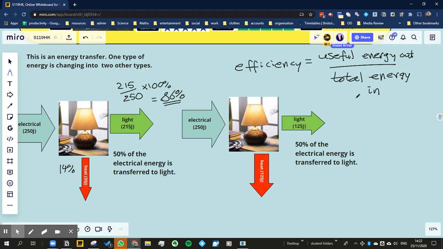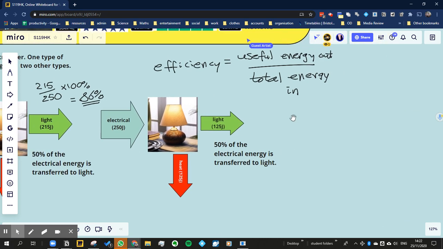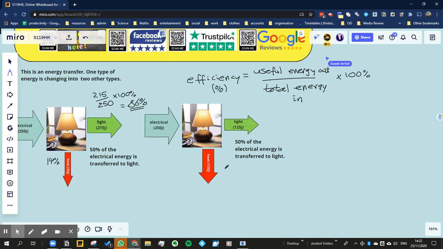The useful energy out was 125 divided by 250, and you would get 0.5 if you did that. But if we want the efficiency as a percentage, then we would times that by 100%. So that's how you would work out efficiency. Okay, so I'm just going to stop that video there.